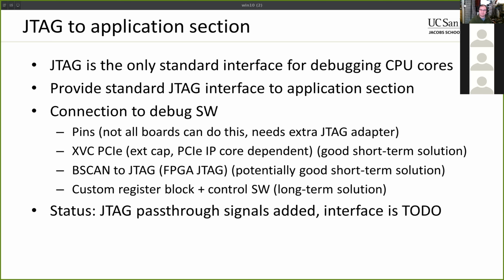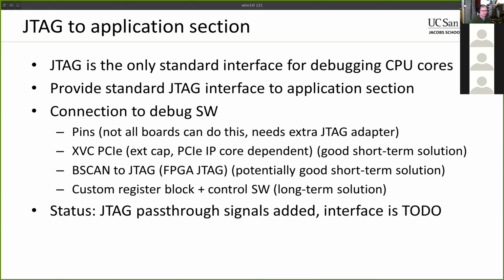But it is somewhat dependent on Xilinx devices because of how it interfaces with the PCI Express IP core. So you're not going to be able to implement that on all devices. I think you could probably implement it on at least some Intel devices, but it's a totally different interface to the PCIe IP core, so you would have to basically rewrite that block. And yeah, it's a good short-term solution to get stuff up and running, but in terms of something that's vendor independent long-term, maybe we need a slightly different approach.